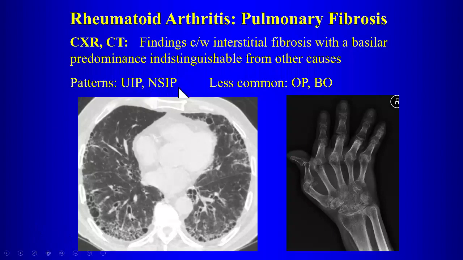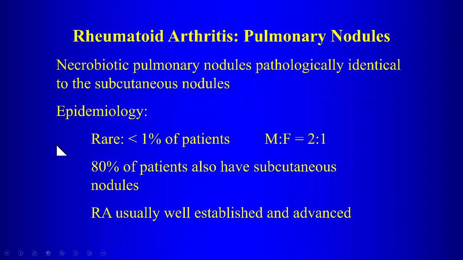It might also look like NSIP in some cases, with more ground glass and no honeycombing. Less common patterns that you might see with rheumatoid arthritis are an organizing pneumonia pattern and bronchiolitis obliterans. So these are other patterns of interstitial lung disease that might be associated with rheumatoid arthritis.